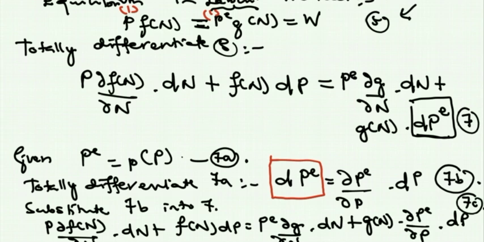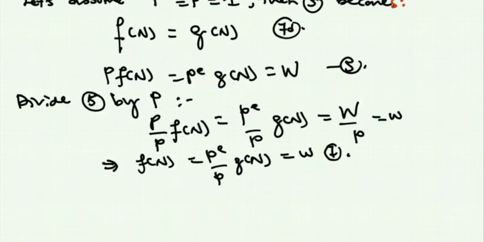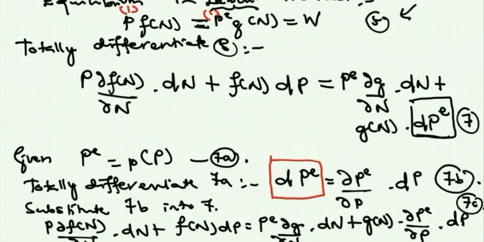Given that we have PE equals to P equals to 1, so what happens to 7C? This one equals to 1, okay? What else? This one equals to 1.